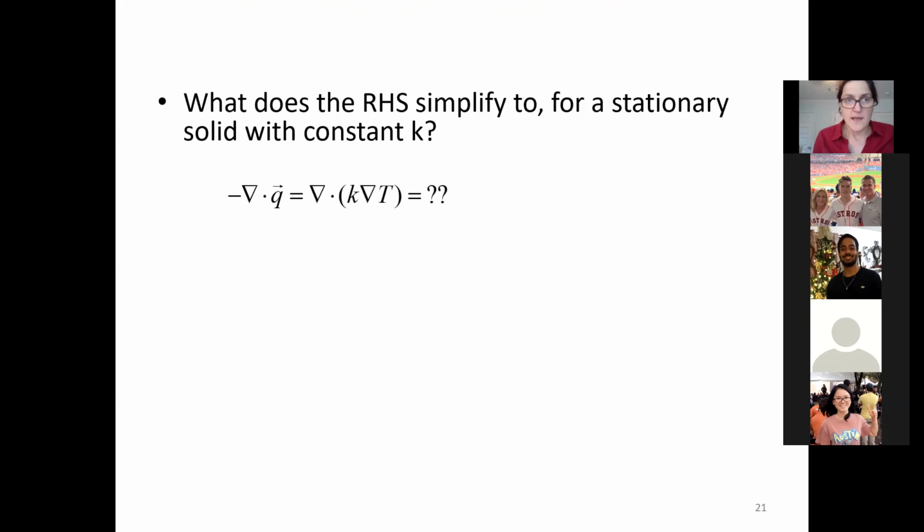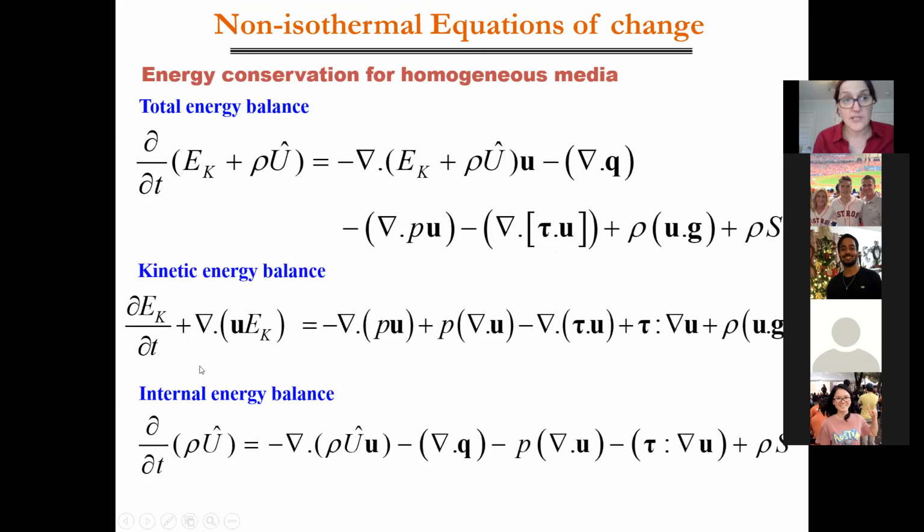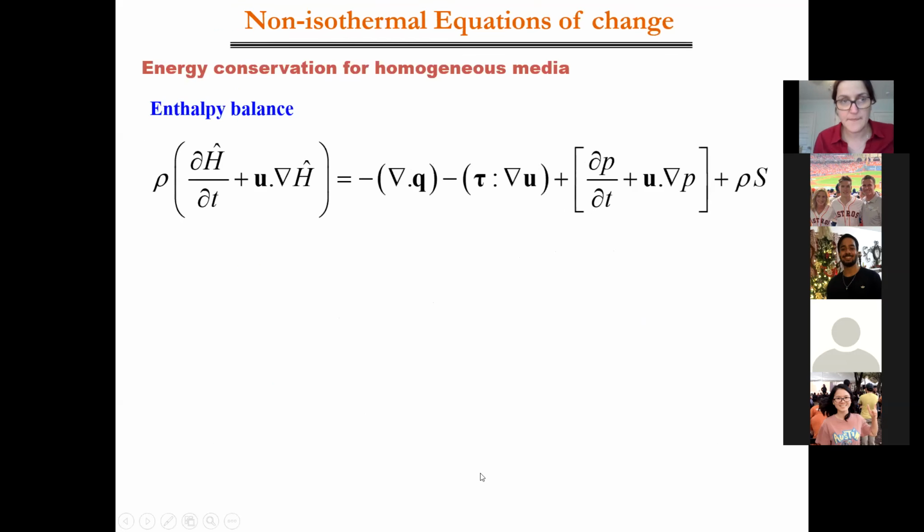So this is the total energy balance, and this is what happens when I write down all of the different terms and I basically put what those velocity parts are. Now I can look at the kinetic energy balance separately and internal energy balance separately.